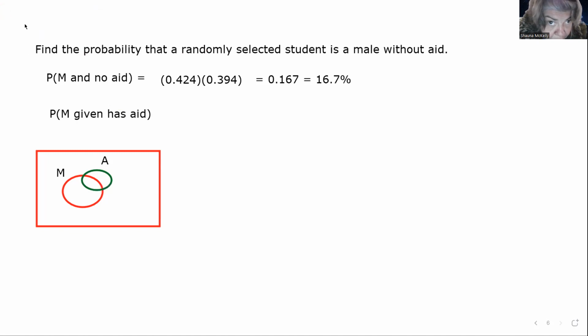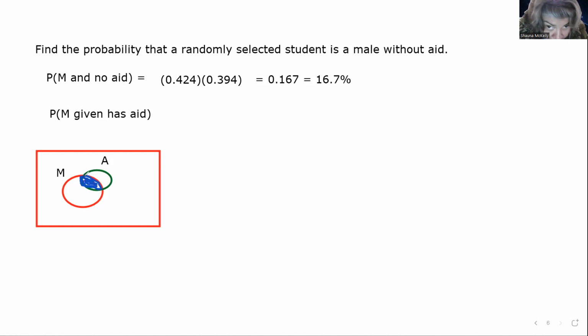We're going to draw this. Now, this crescent right here is the male students who have aid.